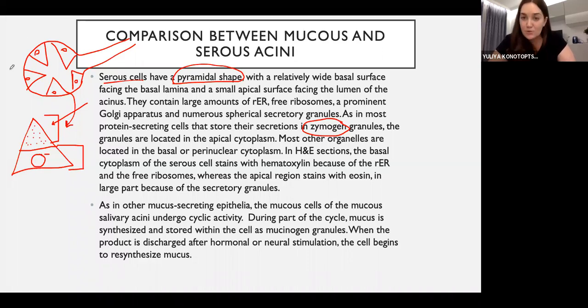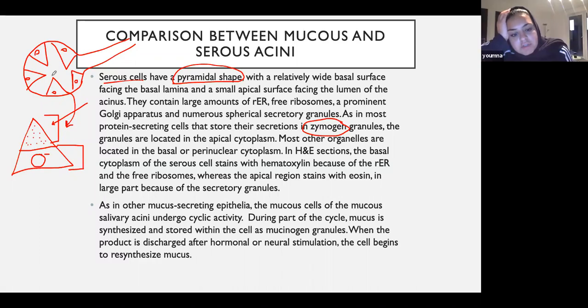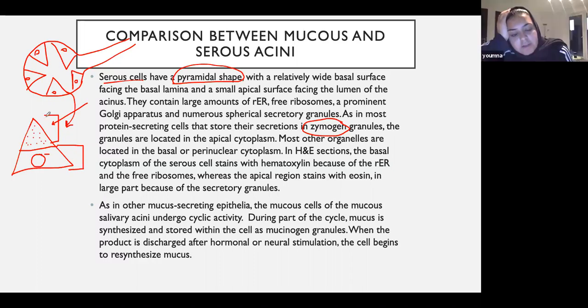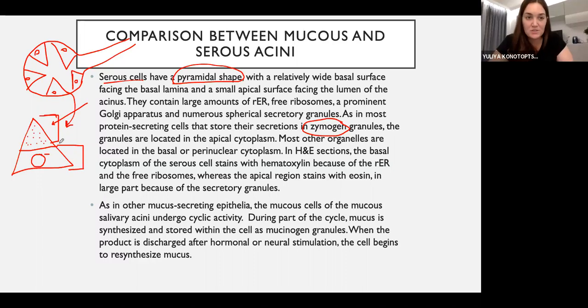We're in the serous acinus, right? So what are we making? We're making proteins. How do you call inactive proteins? Zymogens. Where do you store those zymogens? The apical area of a secretory cell. So right here, this is where my zymogens will be. At the end of the day, they are proteins.